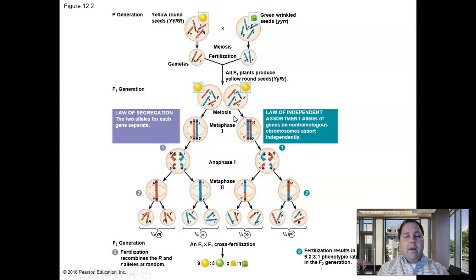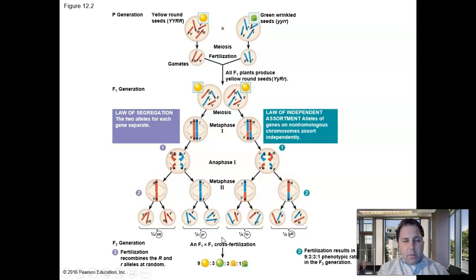And then we allow that to go through meiosis again to get us the 4 possible gametes, which when combined with itself to give us an F2 generation gives us the 9-3-3-1 set of phenotypic ratios that we expect.